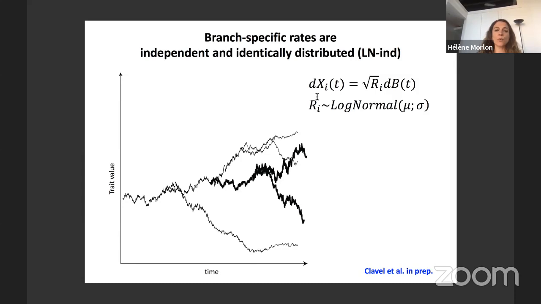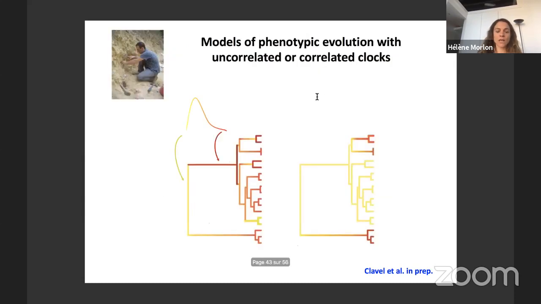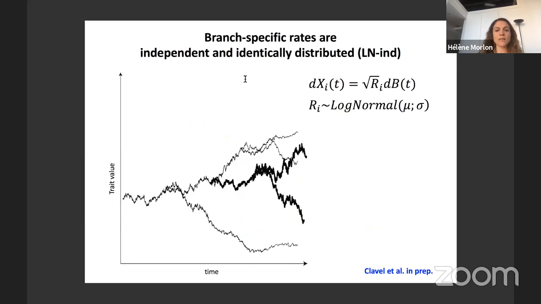develop those types of models for phenotypic evolution. So, for example, what Julien Clavel, who was a postdoc in my group, is developing are models that are the same as the independent clock model, where we have branch-specific rates that are independently and identically distributed from a distribution, here for example the log-normal distribution.